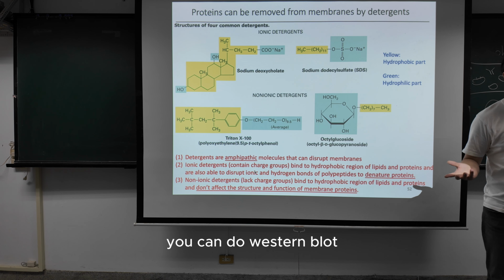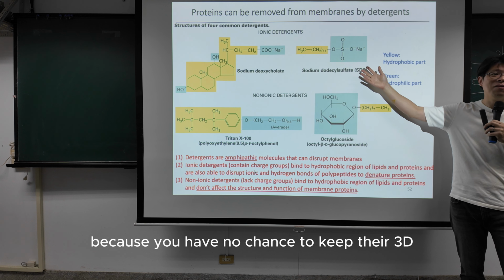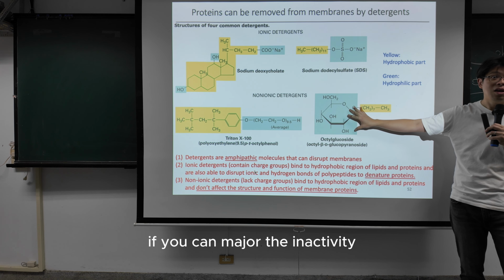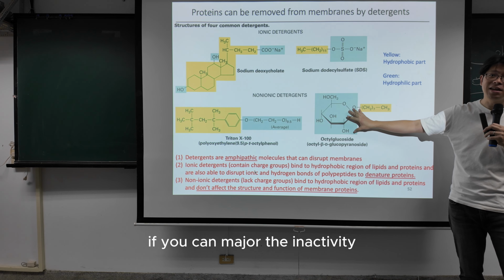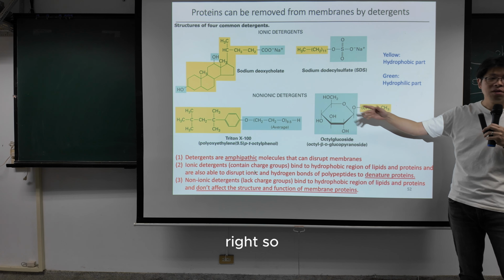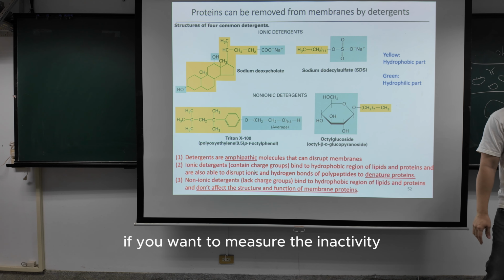But if you want to measure the enzyme activity, do not use SDS, because you have no chance to keep their proper 3D structure, and if you try to measure the enzyme activity, there will be surprising results. So if you want to measure the enzyme activity of your membrane protein, use a non-ionic detergent. If you don't care and also want to denature the protein, that is why people use SDS-PAGE to do that.